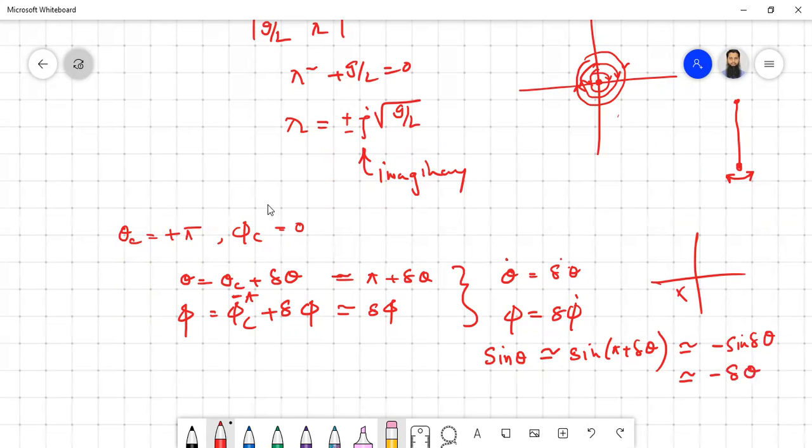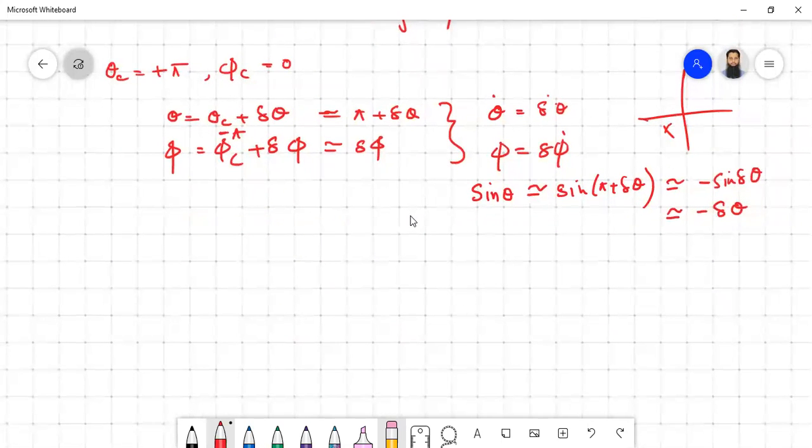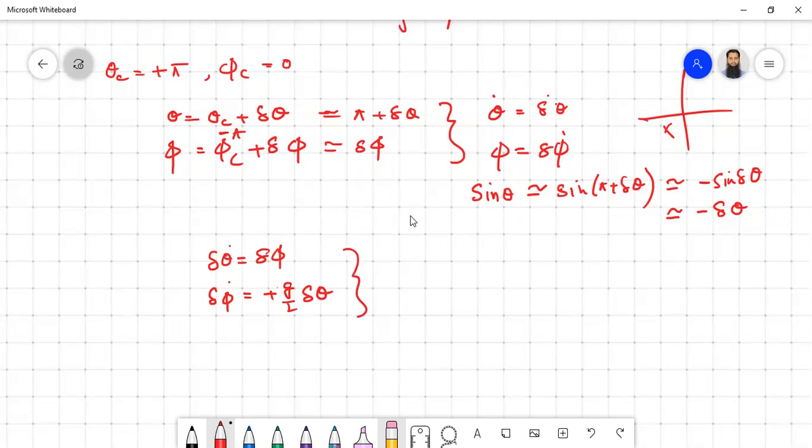Now based on these, the equations we get are: del theta dot will be del phi based on the previous equation, and del phi dot will be, because of minus and minus getting plus, plus g by L del theta.